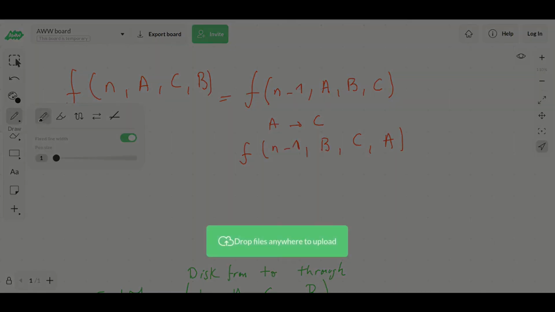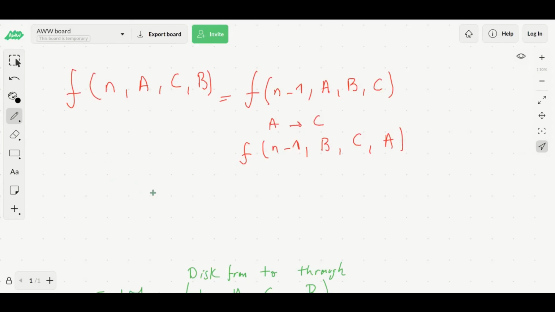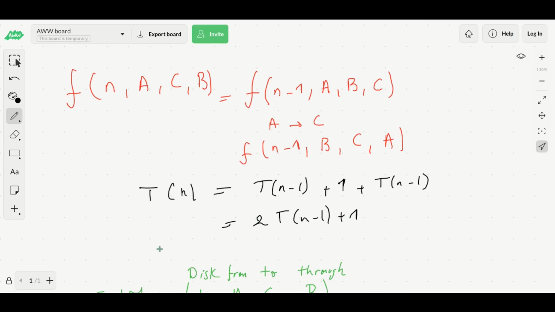This tells us that t of n is equal to t of n minus 1 plus 1 move, so plus 1, plus t of n minus 1. So this is equal to 2 t of n minus 1 plus 1. So we got a recurrence relation in terms of n, and with the base case of t of 1 is equal to 1.